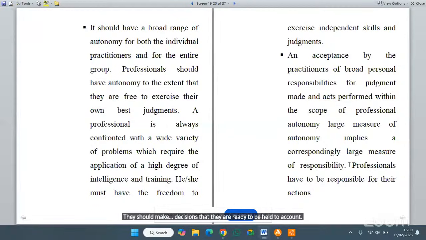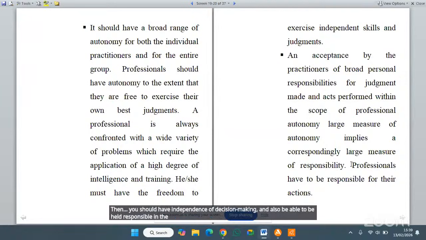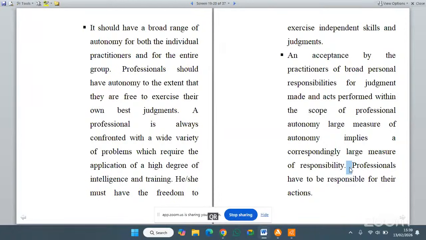So that if you make a diagnosis and a prescription of a certain drug to a patient as a doctor, you should have independence of decision making and also be able to be held responsible in the event that decisions you made were not right and they harmed the patient instead of curing the patient.